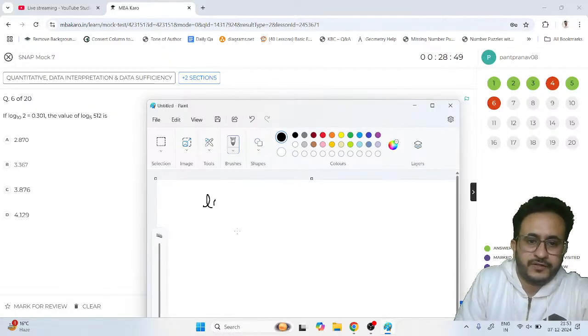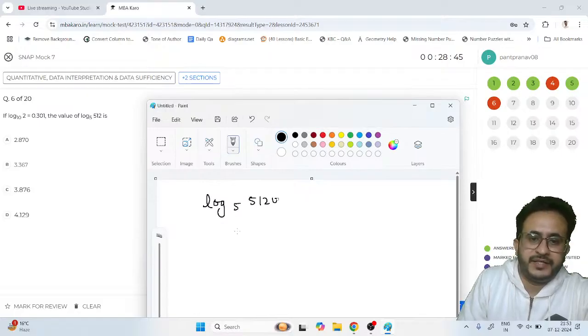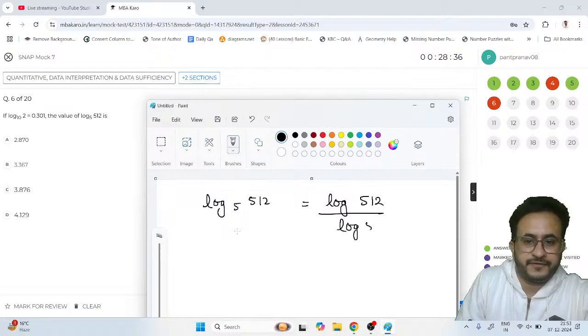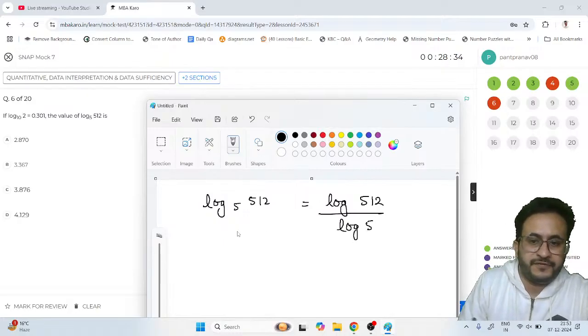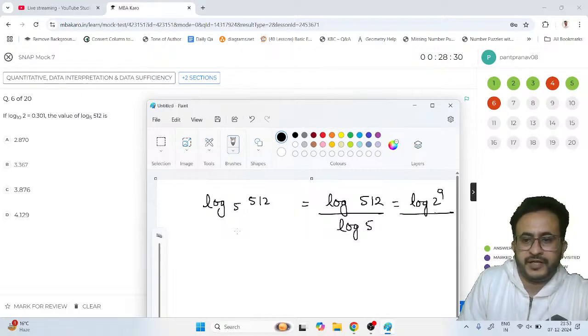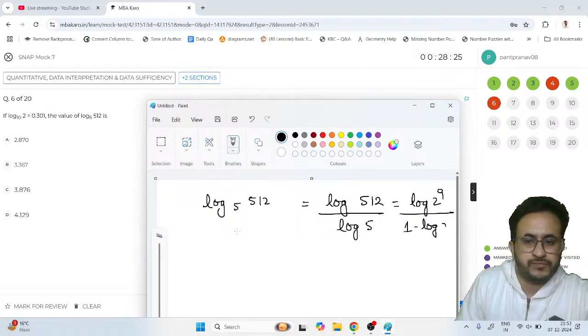So log 5 of 512 can be written as log 512 upon log 5. Okay, so log 512 is log 2 raised to the power 9, and log 5 can be written as 1 minus log 2.